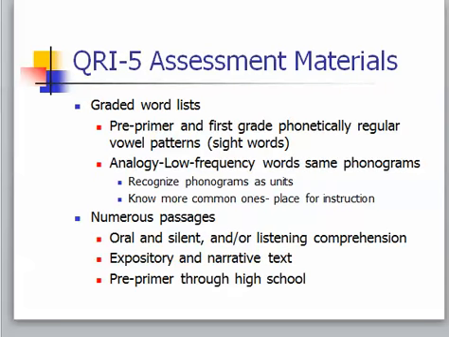The assessment materials that are in your QRI-5 are the graded word list. The word list starts on page 100 of your QRI-5 manual. The student word lists run from 100 until 104.